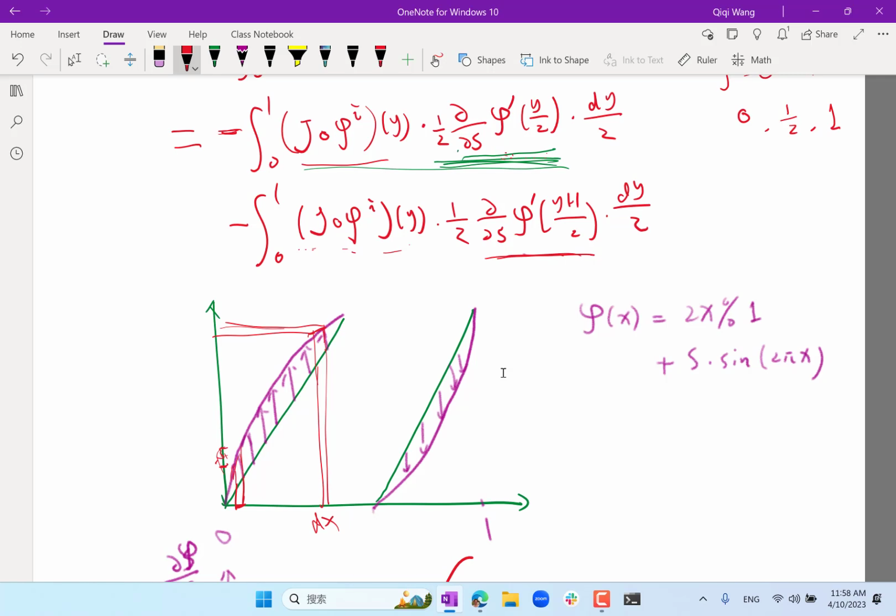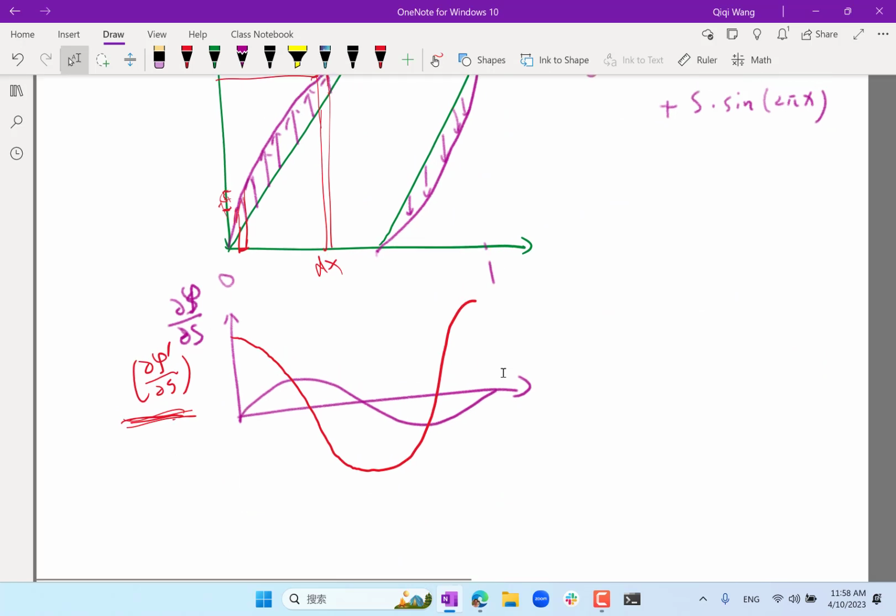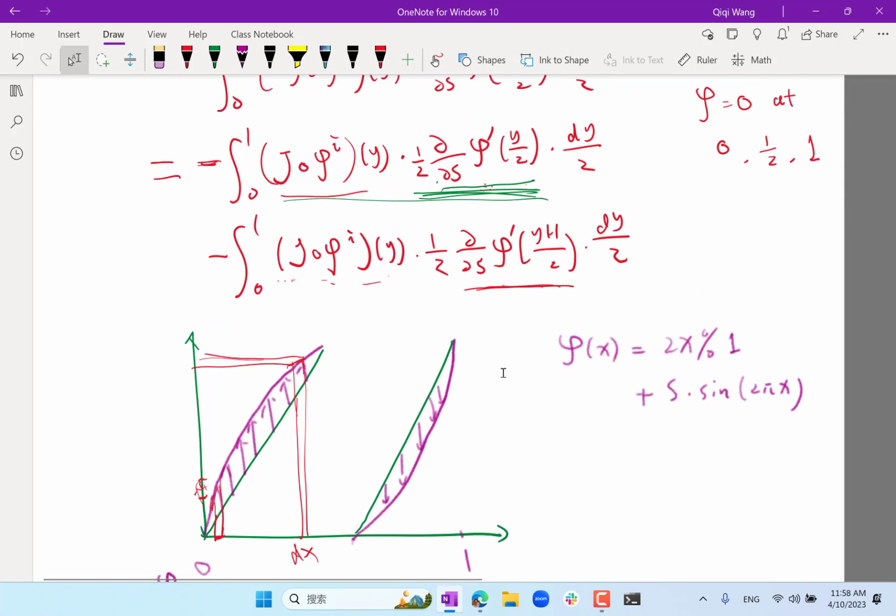So these two branches actually have the opposite effect, and they would cancel each other. So if you actually look at these two terms, right, this is exactly the same. Okay, and for this particular function, if you look at this, so this is d phi ds, and I'm basically evaluating at y over 2 and y plus 1 over 2.